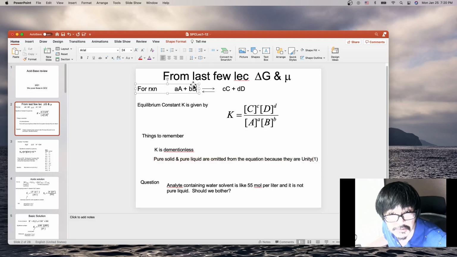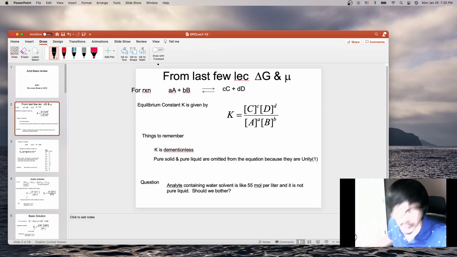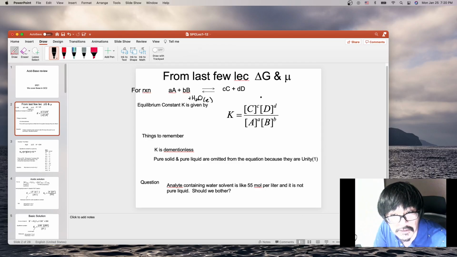That's probably the first one, the pure liquid, right? So before the reaction, you're going to have water too, right? So plus H2O liquid, and then plus H2O liquid after, right?